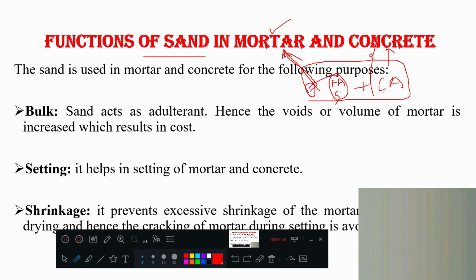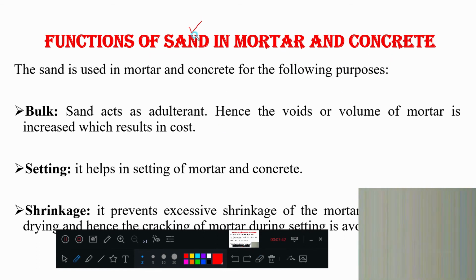Mortar and concrete. Now, what is the function of sand in mortar and concrete? Bulk. Bulk means, for a given quantity of aggregate, if you are using more sand, then the general volume you are getting is bigger.